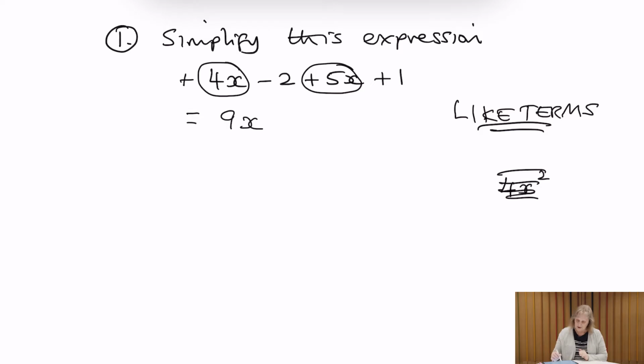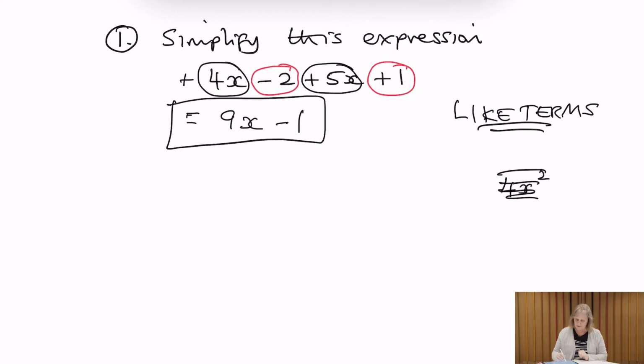Now, the other two like terms are the constants here, they're just the numbers. We've got -2 plus 1. So if we add those together, that means we get 9x subtract 1. So then that is our answer. We've simplified this expression as much as possible. 9x subtract 1.